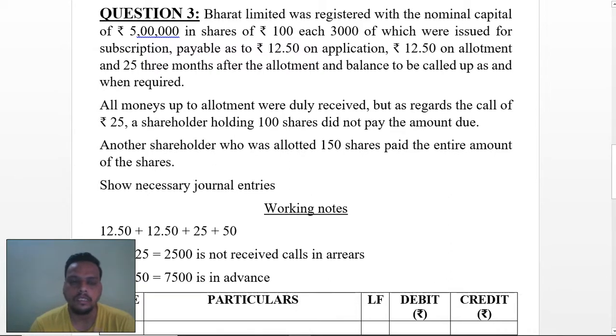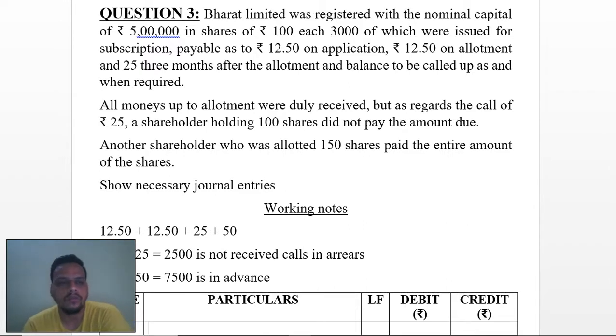12.5 is for application, 12.5 for allotment, and after 3 months 25 rupees were received on call. The remaining 50 rupees was not asked for; once they require it, they will ask. Now in this question it has been clearly said that 25 rupees of calls were not received from one shareholder who is holding 100 shares.